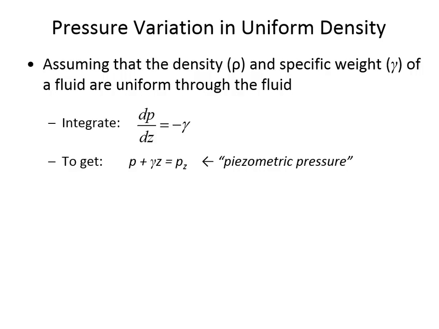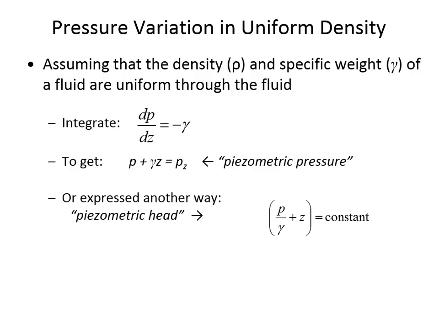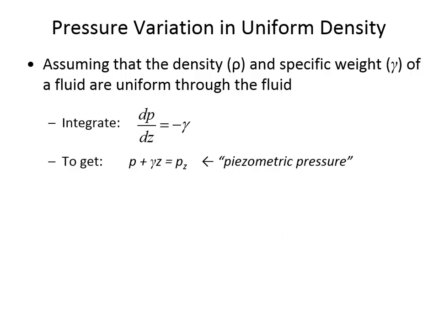Let's talk about a tank of water. So if we have a tank of water, remember that we're measuring elevation according to some elevation datum. It doesn't matter where this elevation datum is. It could be at the bottom of the tank or the top of the tank.